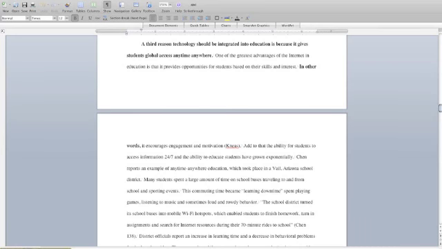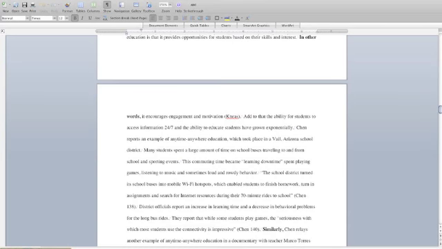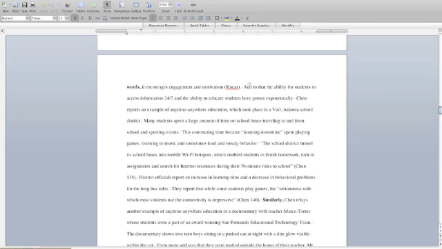And notice the in-text citation here. So this idea that the student has added has again been paraphrased, and the in-text citation showing where that data came from immediately follows the end of that information. Okay, the writer moves on.